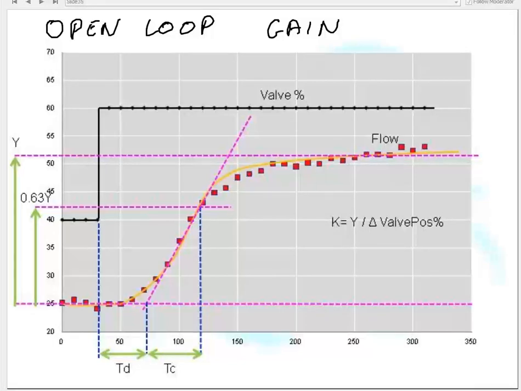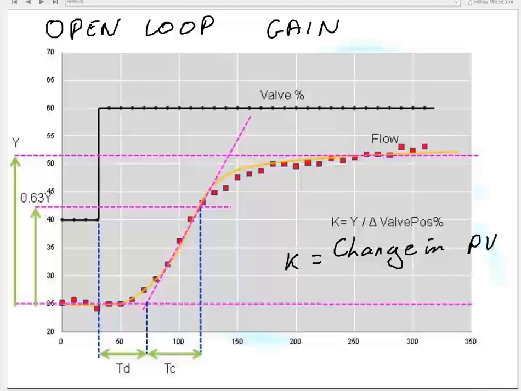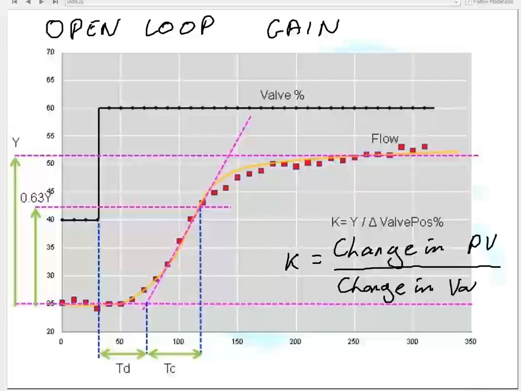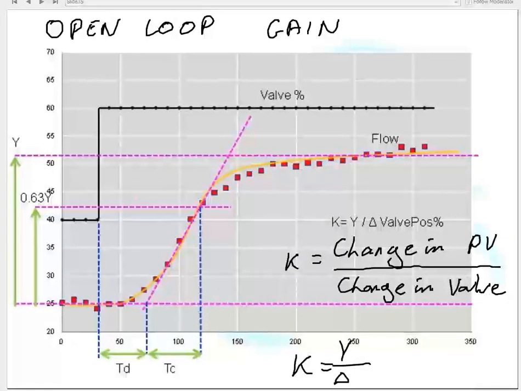I'm going to find the open loop gain. And the open loop gain is, so K equals the change in process variable divided by the change in valve. So let's have a look at this. In my case, I made the change in the process variable, that's the y value. So that's actually going to be y over what I call delta valve position.